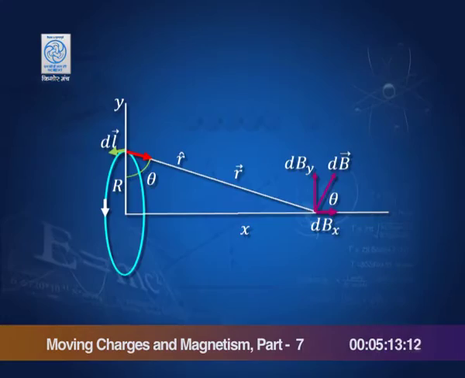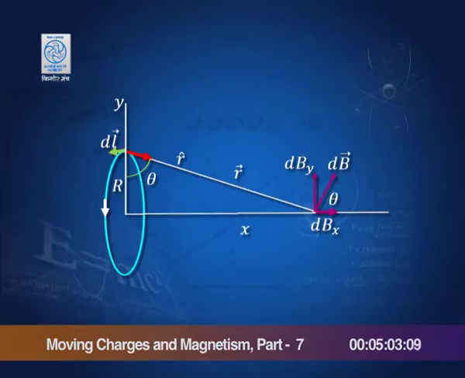This is the only difficulty that comes in, and you have to remember that this is dl, and this is r cap, and we are worried about this plane containing dl and r cap, and in this plane the angle between the two is pi by 2. Therefore, dl cross r cap simply becomes dl. If you have got this right, then you will not make any mistake.